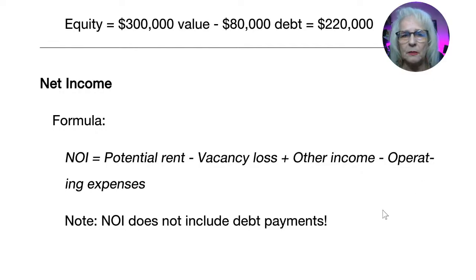Operating expenses are maintenance and repairs to the property, gardener, property management, all those things. Utilities, if they're paid by the owner; if they're paid by the tenant, you don't have to worry about utilities. Note, NOI does not include debt payments, the mortgage.